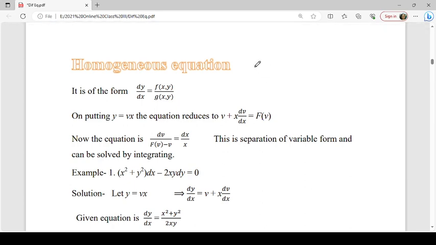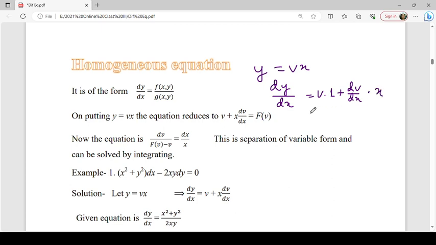So if y is equal to vx, then dy dx, it is a product, so dy dx is v remains same and derivative of x is 1, plus v, derivative of v with respect to x is dv dx, into x which remains same.